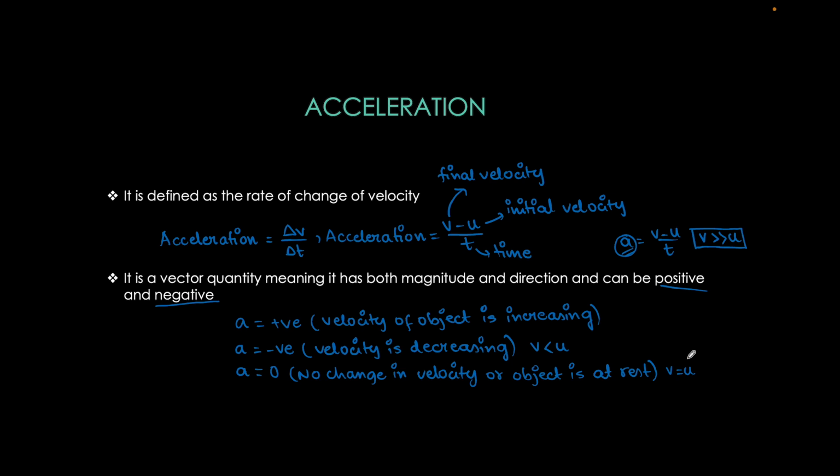There is no change in velocity. Or let's say v is equal to 0 and u is equal to 0. U equal to 0 and v equal to 0 simply means that the object is at rest, because if the initial velocity is 0, the object has not even started moving. So a is equal to 0 when velocity does not change or the object is at rest. I hope this point is clear to you.